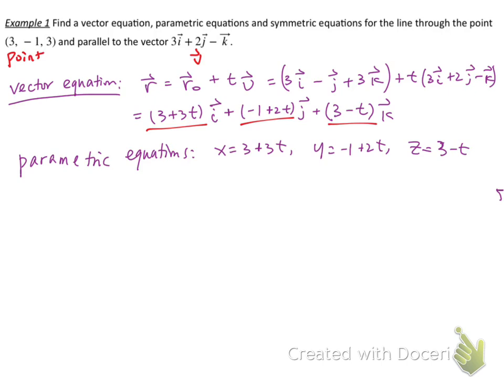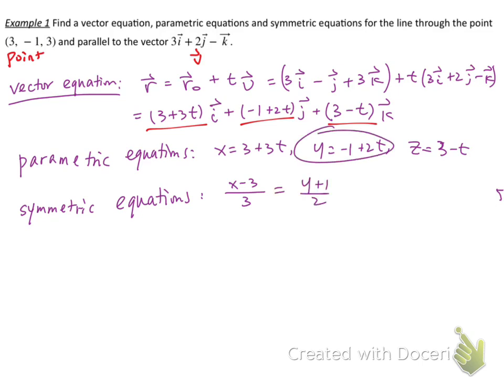Finally, the symmetric equation. Essentially you are solving for t in each of the equations. You take the variable minus the constant, divided by the coefficient of t. You have (x - 3) over 3, which equals t in this equation, equals (y + 1) over 2, which equals t in this equation, equals (z - 3) over -1, which equals t in this equation.